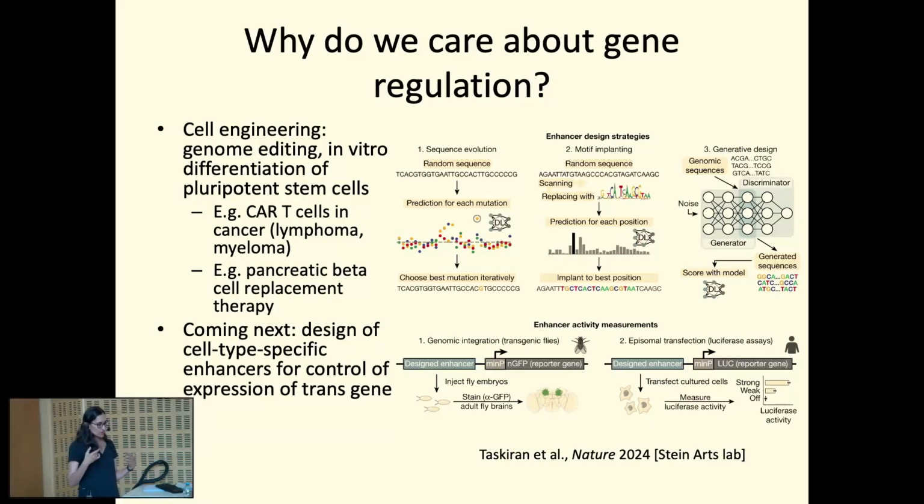I think a lot of people are looking towards using understanding of gene regulation, understanding of enhancers, designing enhancers for control of transgenes. Okay, so this is a recent paper from Stein Aerts' lab, and they are using a generative AI to design an enhancer that will control the expression of a transgene, both in fly and in human cells, right?